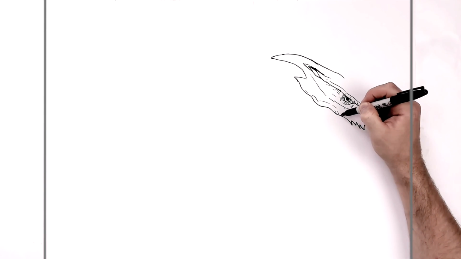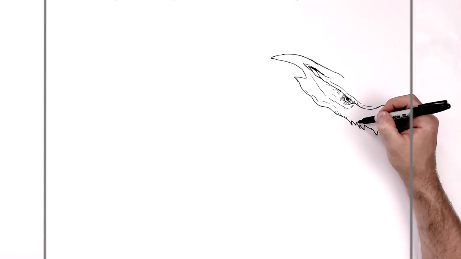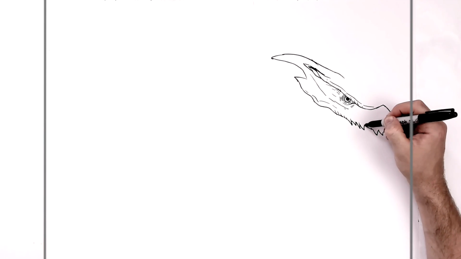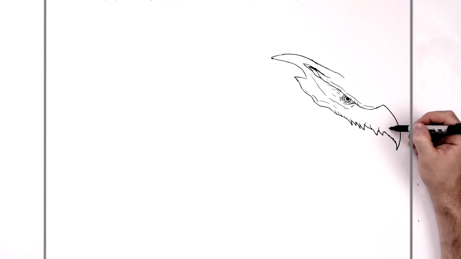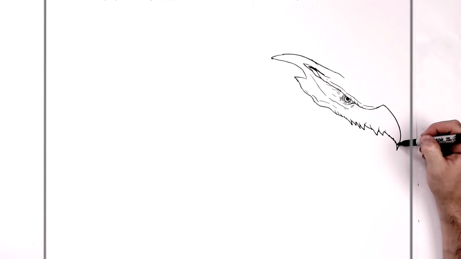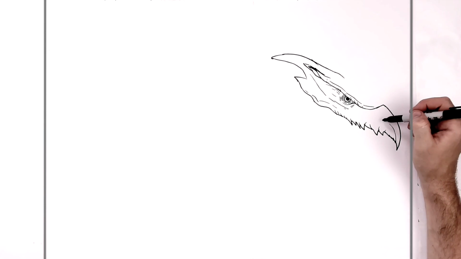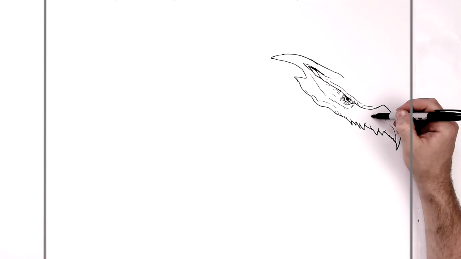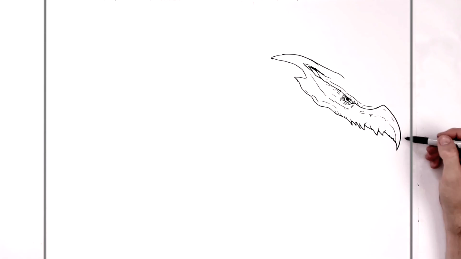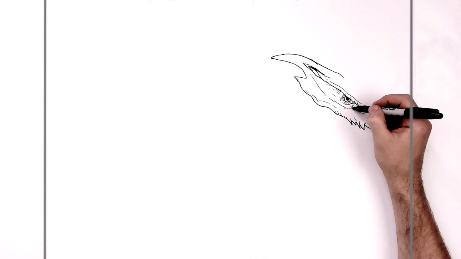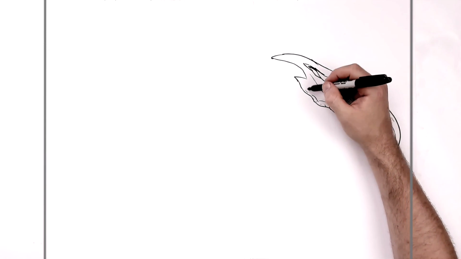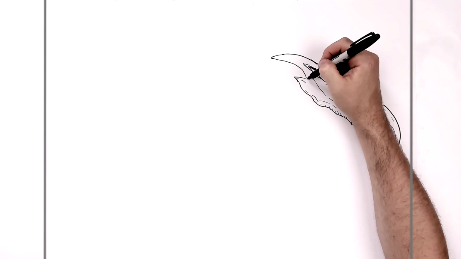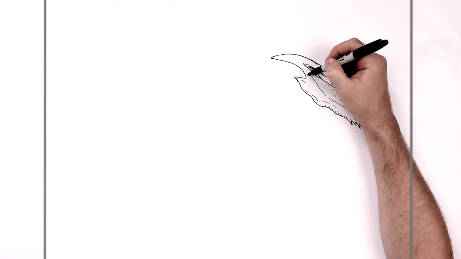And there's some coming up from his mouth, and these teeth kind of grow into his face. They're all attached to his face. So, just texture lines and wrinkles, and some on the horn as well.